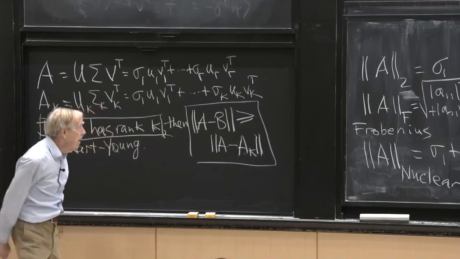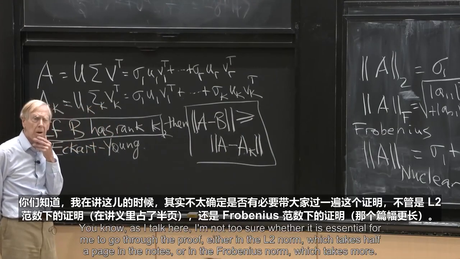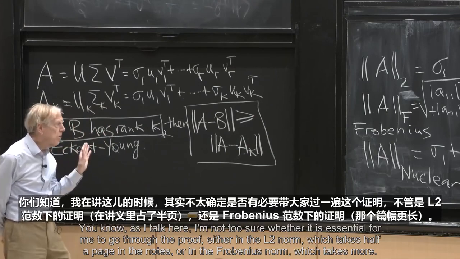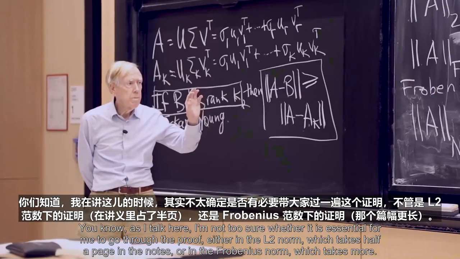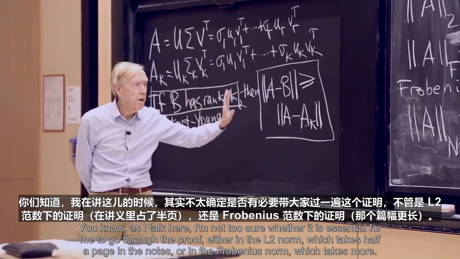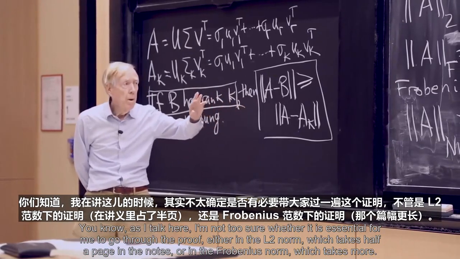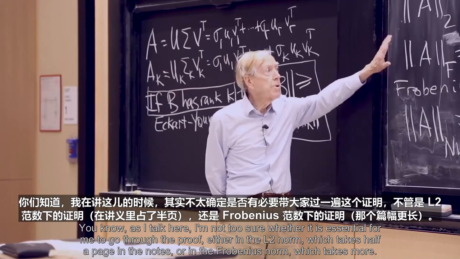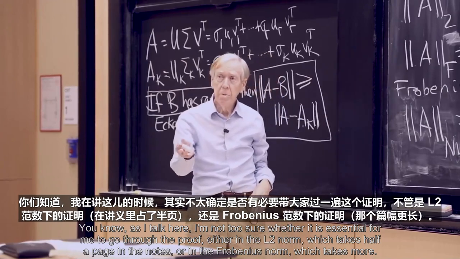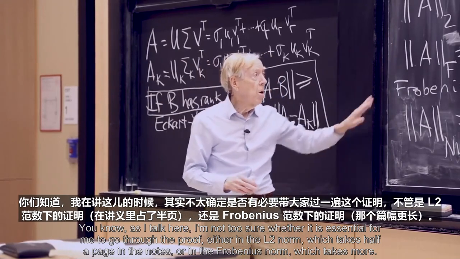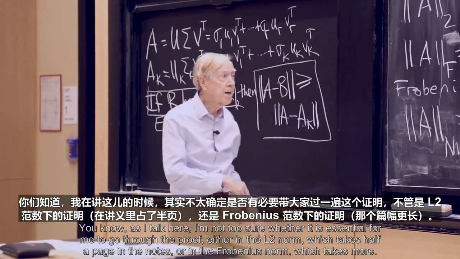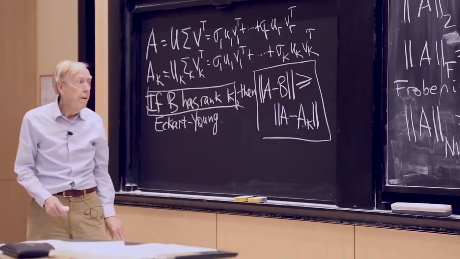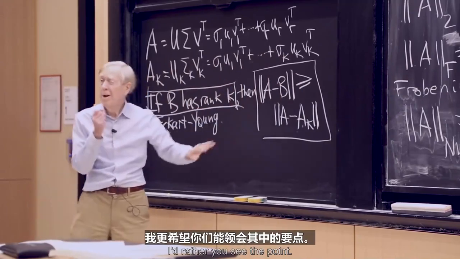Okay. As I talk here, I'm not too sure whether it is essential for me to go through the proof either in the L2 norm, which takes half a page in the notes, or in the Frobenius norm, which takes more. I'd rather you see the point.